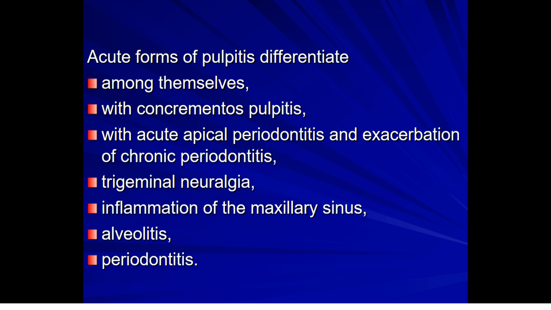We can differentiate all acute forms of pulpitis among themselves, with concrementous pulpitis, with acute apical periodontitis and exacerbation of chronic periodontitis, trigeminal neuralgia, inflammation of the maxillary sinus, alveolitis, and periodontitis.